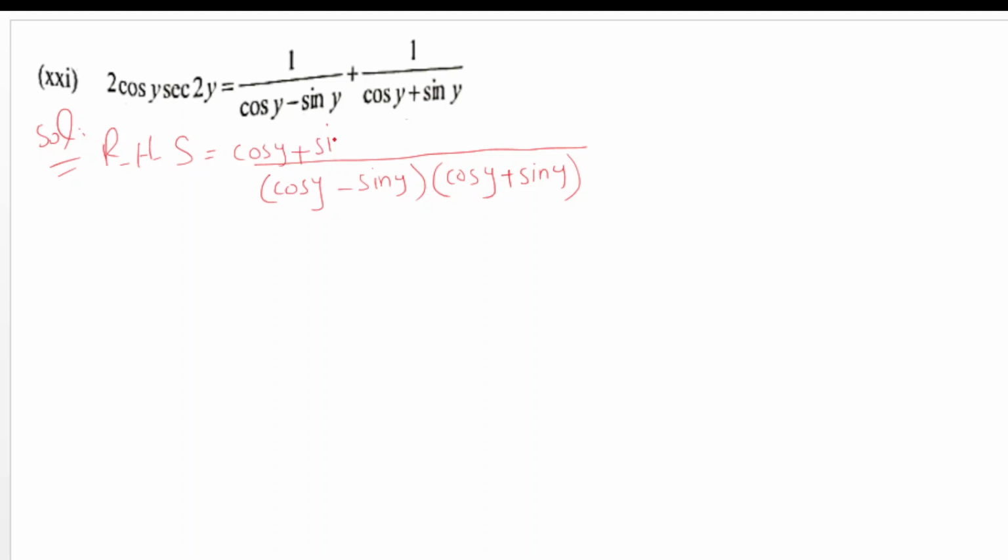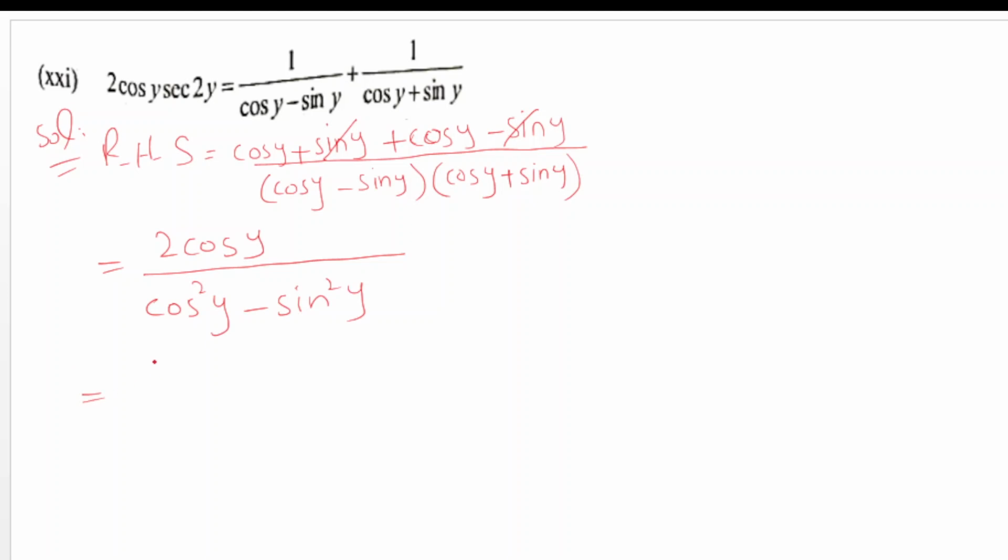So here it will be cos y plus sine y, and then plus cos y minus sine y. Cos and sine will cancel out, and here will be 2 cos y, cos plus cos. And at the bottom there will be the formula a plus b, a minus b, so cos square y minus sine square y.